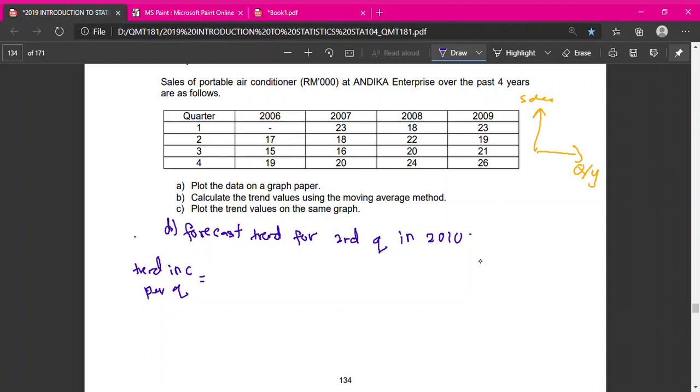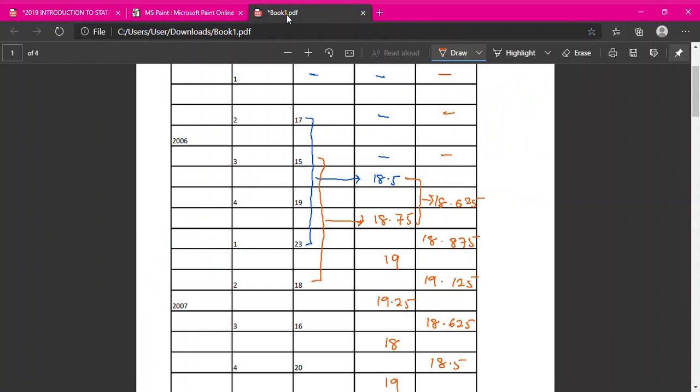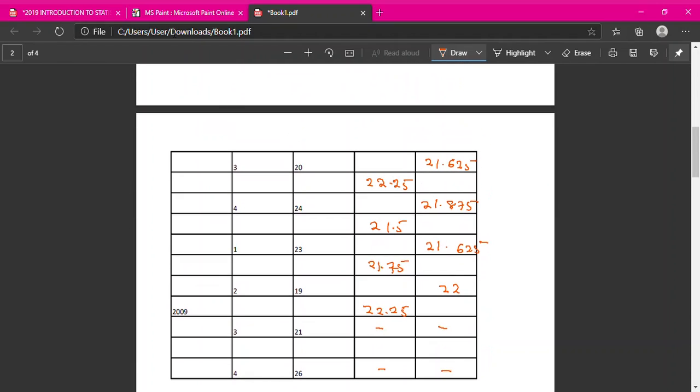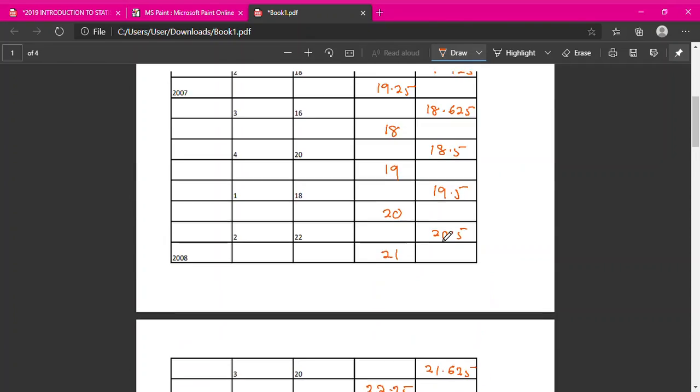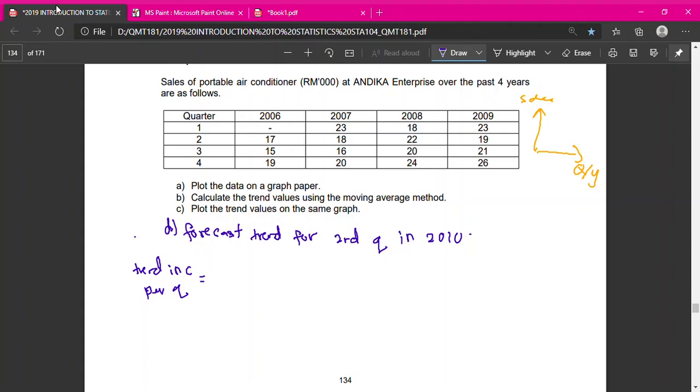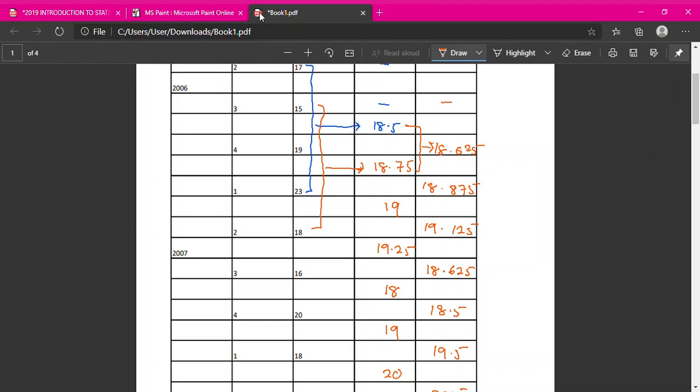So our first step is to find the trend increase per quarter, which is the last trend minus the first trend, divided by the number of trends minus 1. Right? So the last trend is 22 minus the first trend 18.625. Okay, 18.625 divided by the number of trends.